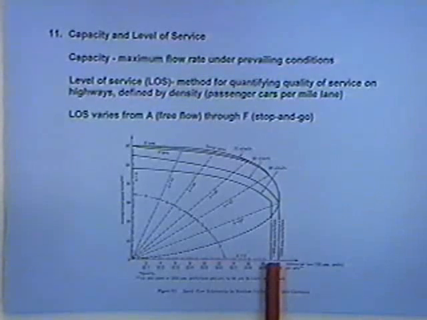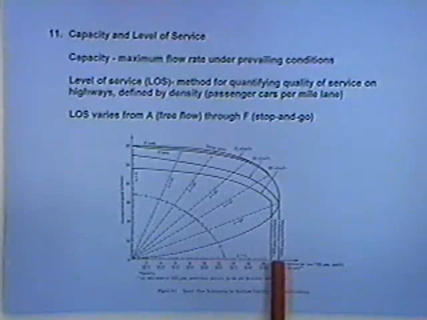Okay, so if you had one lane of traffic, it says you can handle 2,000 passenger cars per hour in that lane. If you had two lanes of traffic, then you could handle 4,000 passenger cars per hour on that two-lane facility.